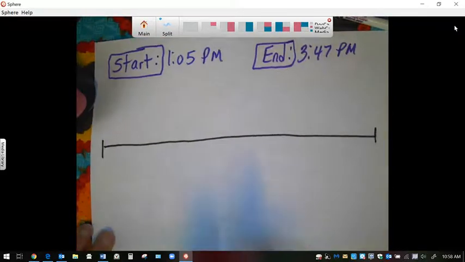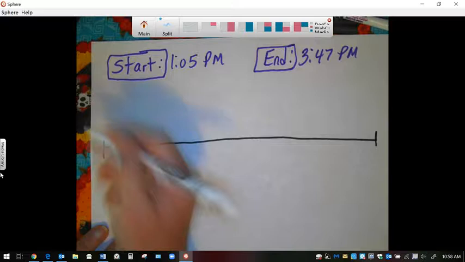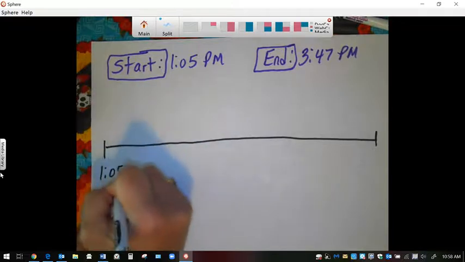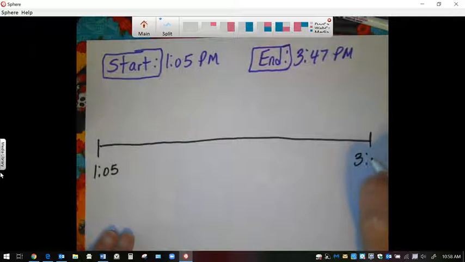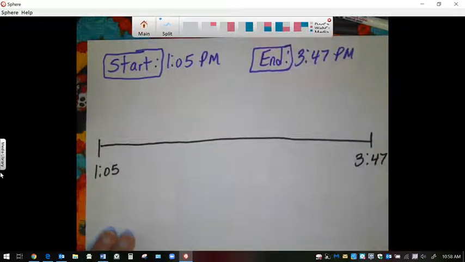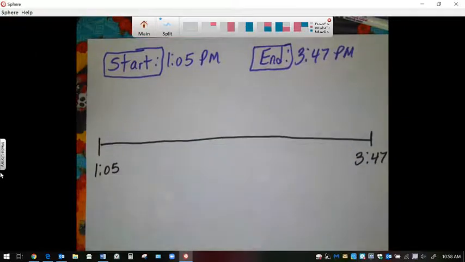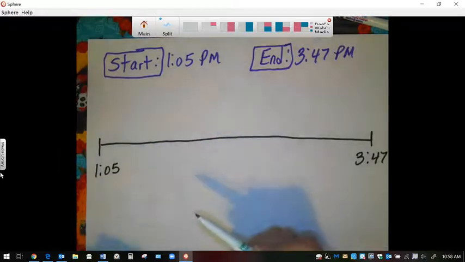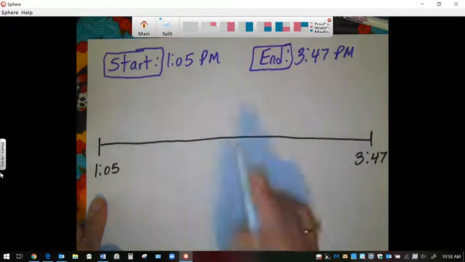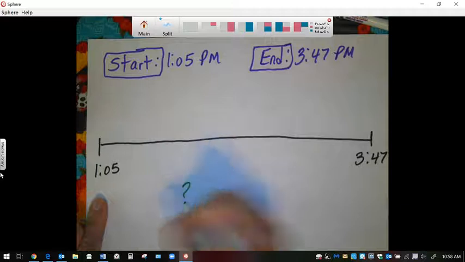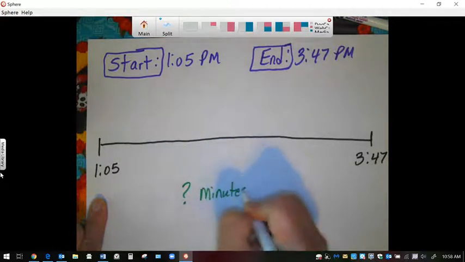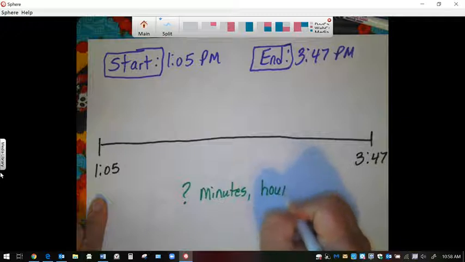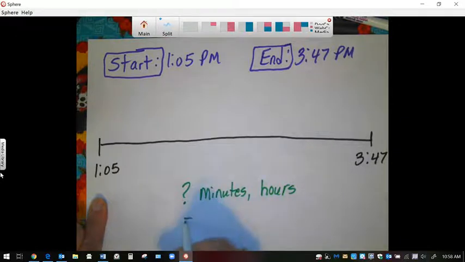All right, so my start time was 1:05, and my end time was 3:47. Okay? All right, so we need to find out how many minutes and hours, and that equals the elapsed time.